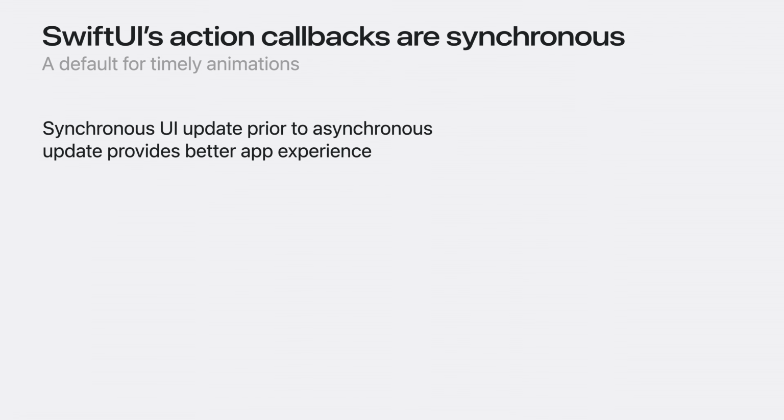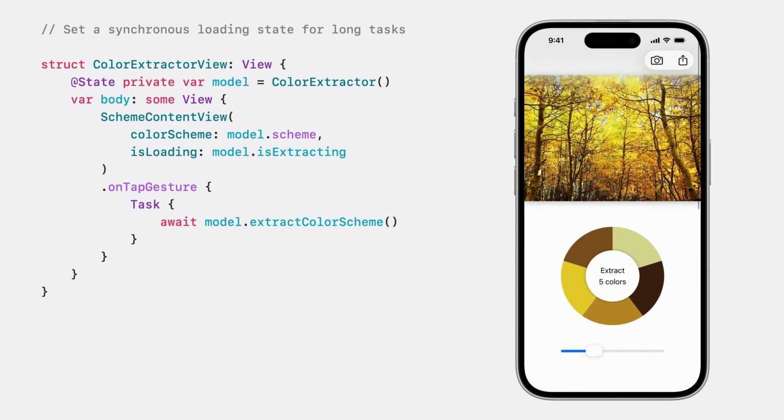It's extra important if your app has long-running tasks and people have to wait for the results. Before kicking off a long-running task with an async function, it's important to update your UI to indicate the task is in progress. This update should be synchronous, especially if it needs to trigger some time-sensitive animation.